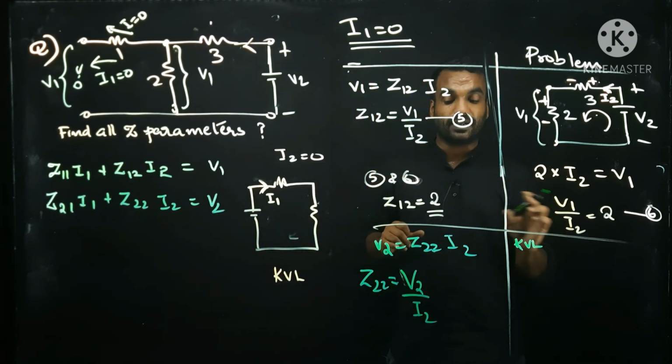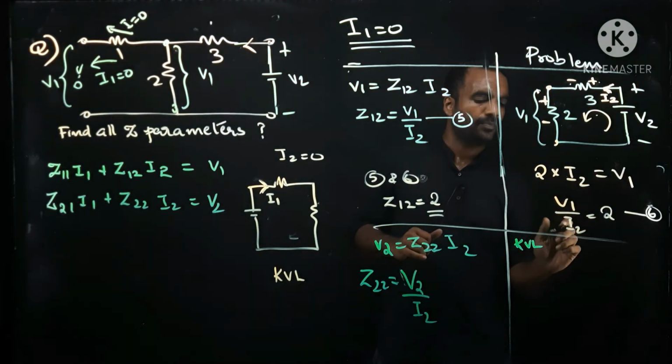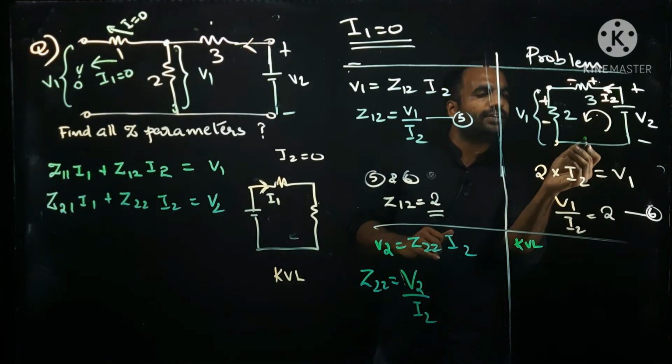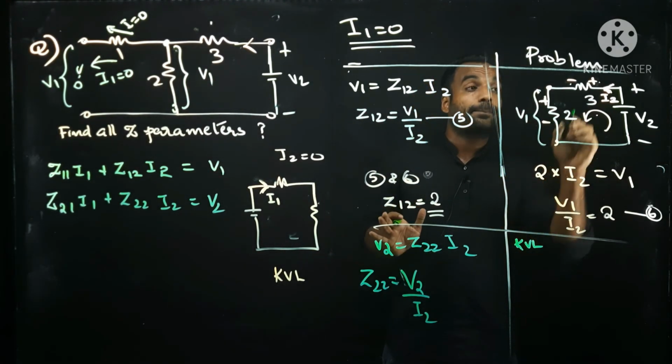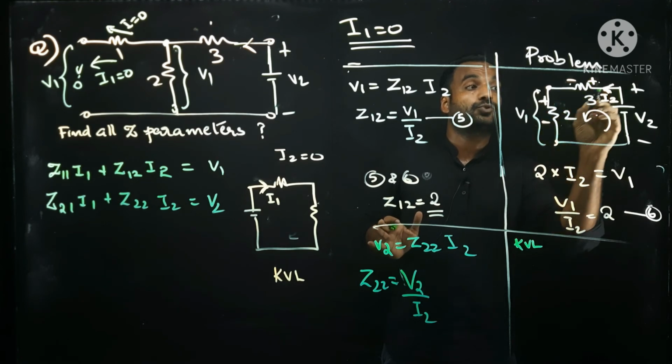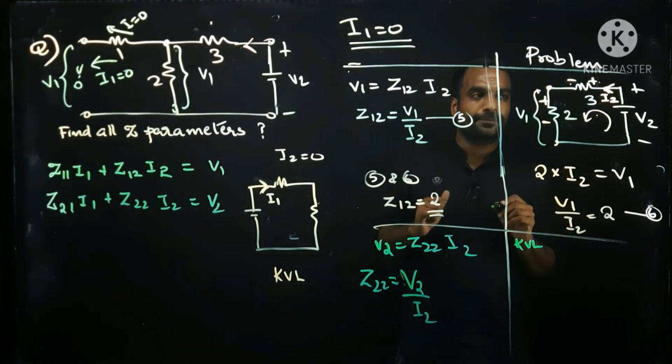So I want to translate V2 and I2. So I am writing the KVL. So you can write the KVL in clockwise or anti-clockwise. But the polarity of each component should be marked based on the direction of the original I2 current.